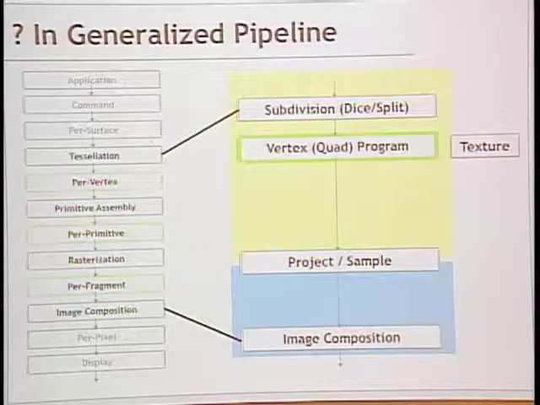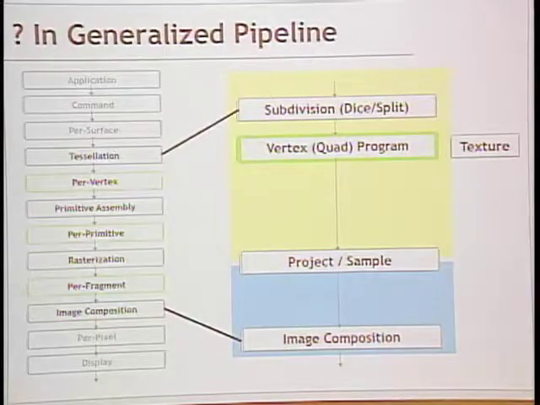So we'll start off here. This is a particular different pipeline. Does anybody know this pipeline? We'll talk about this in some detail. Is this pixel planes? It's not pixel planes. Okay, this is Reyes. This is the Pixar rendering pipeline. They've made some different choices.